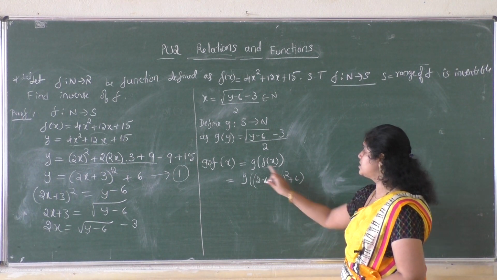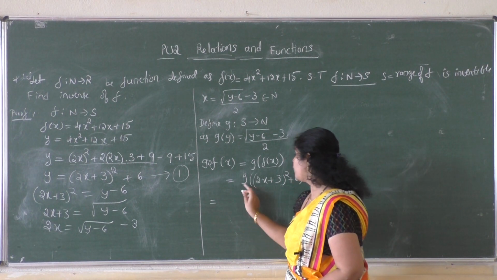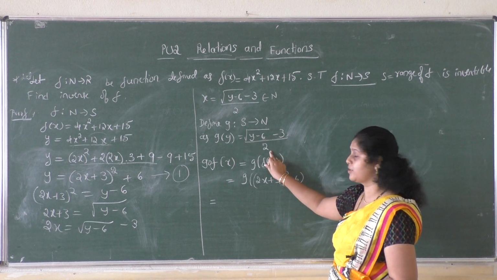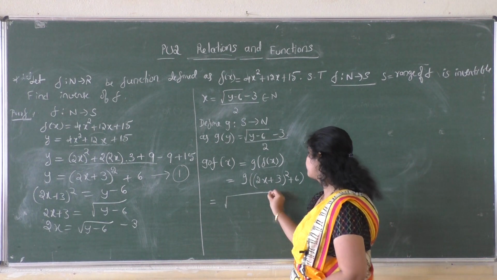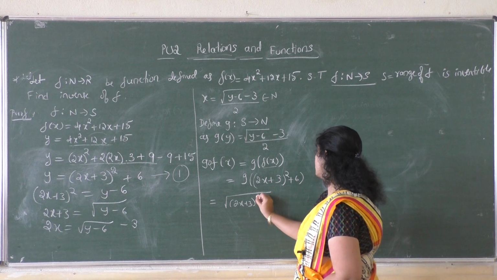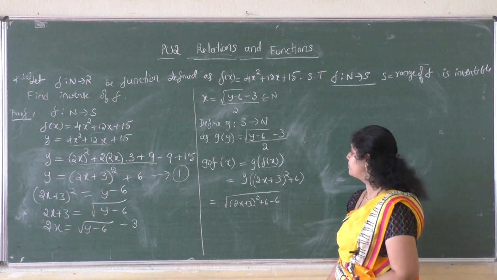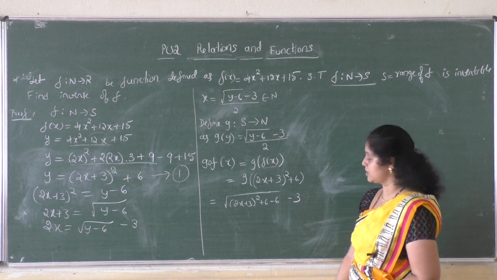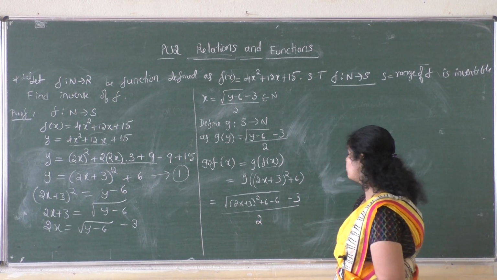Okay, now that is g of f of x. Now that is in the form g of y. What is g of y? Root y minus 6, minus 3, by 2. g of y is equal to root of y minus 6, where y is (2x plus 3) whole square plus 6, minus 6, that is inside the root, minus 3, whole divided by 2.